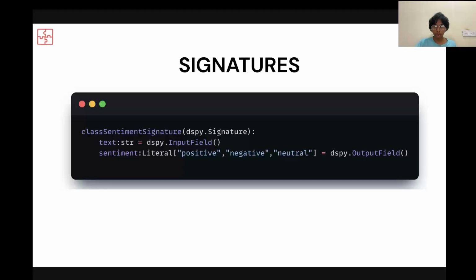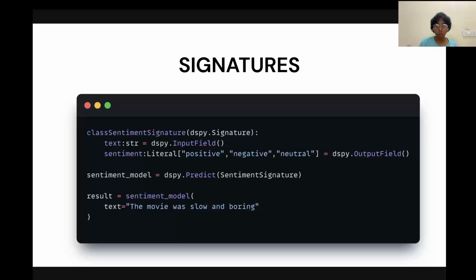If you change the model, the prompt style, or the reasoning strategy, the signature does not change. Maybe you change from chain of thought to some other reasoning style, but the signature remains as it is. We are not going to touch the signature. It stays all along as the project changes, so that your application logic stays stable.